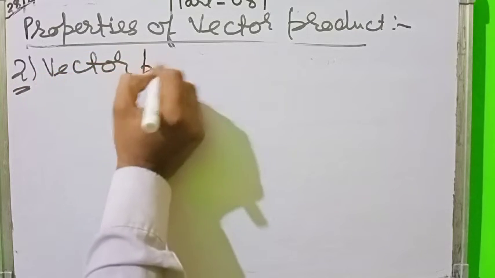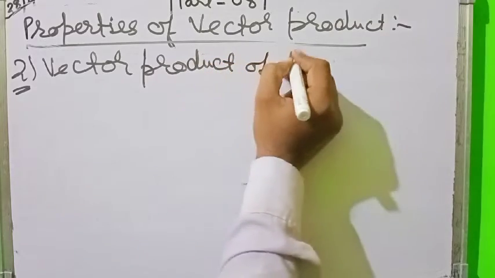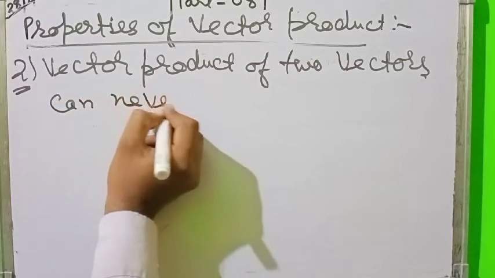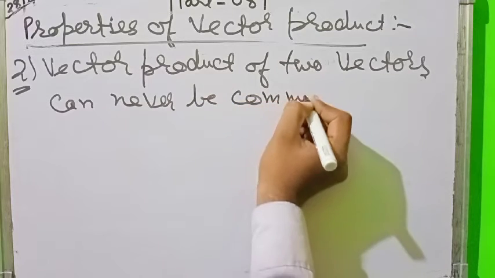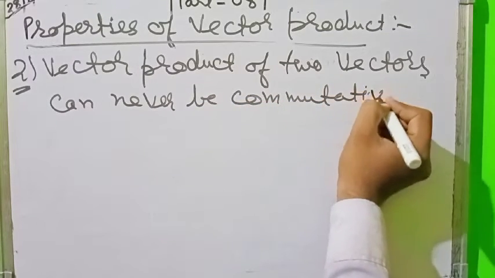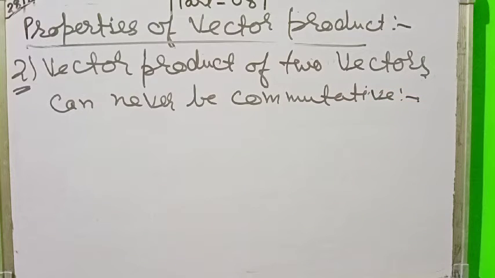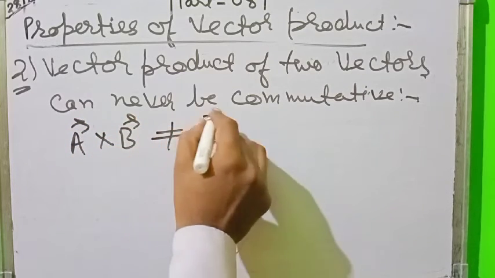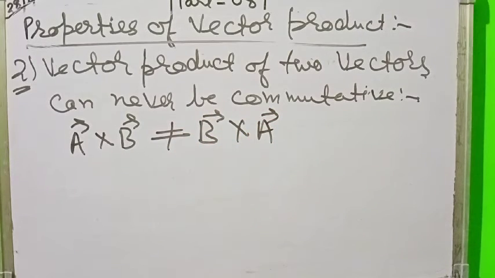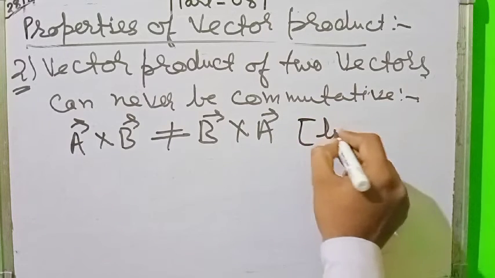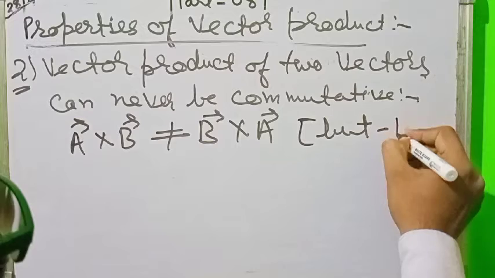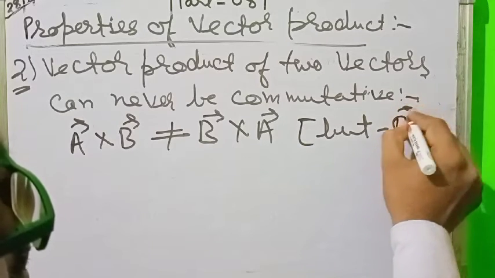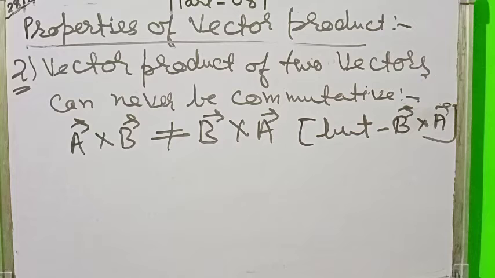It means that vector A cross vector B is never equal to vector B cross vector A, but it is equal to the negative of vector B cross vector A.